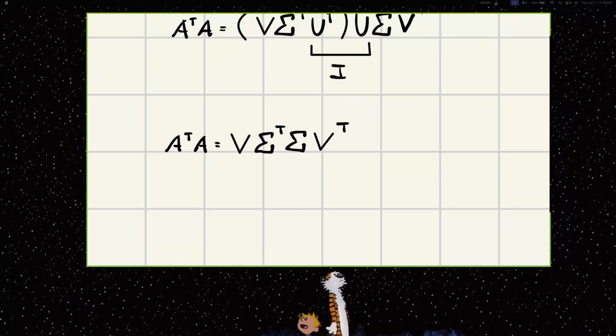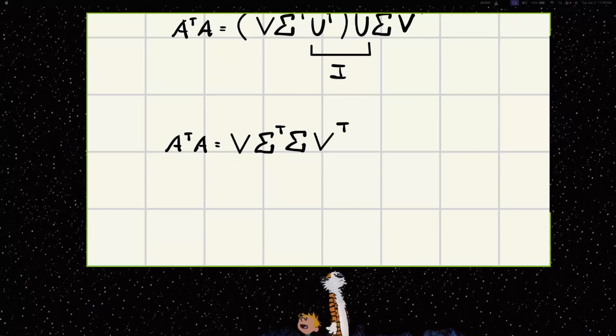And do notice that we can't do the same thing and reduce this to the identity matrix because sigma in this case is not orthogonal. It's a diagonal matrix, so that just does not apply. So this just has to stay as sigma transpose times sigma. And though V and V transpose are both orthogonal, we can't do this because they're not next to each other.